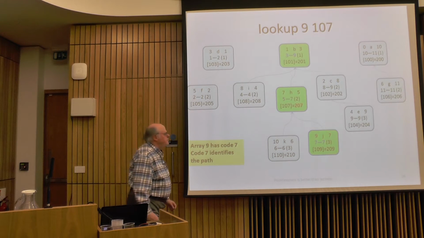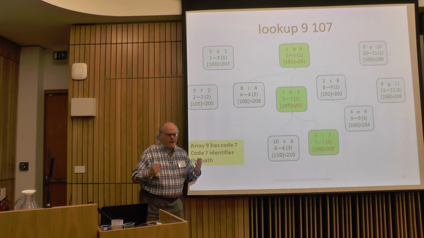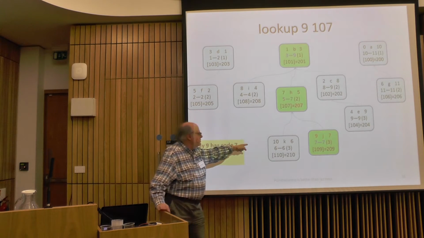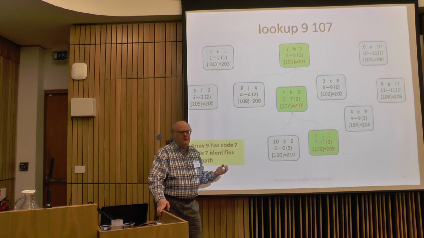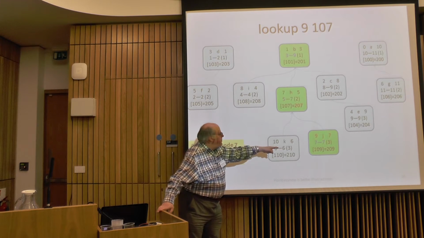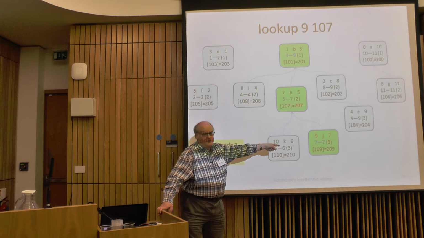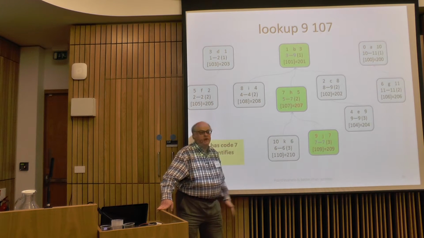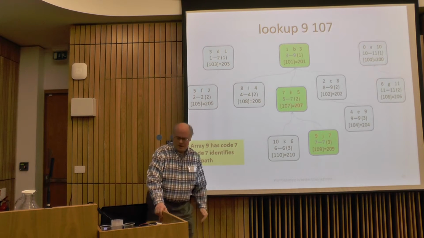If you're doing a lookup, the parallel map allows all the cells in parallel to compare their low and high with the code of the array that you're looking up. And so in one clock cycle, they all turn on, and then we have to compare with the index to see which one we want.